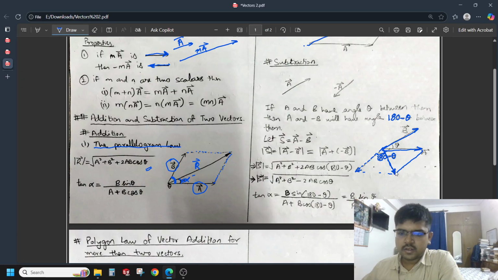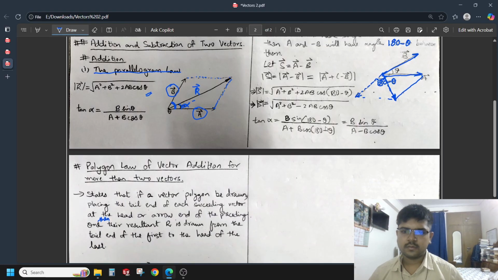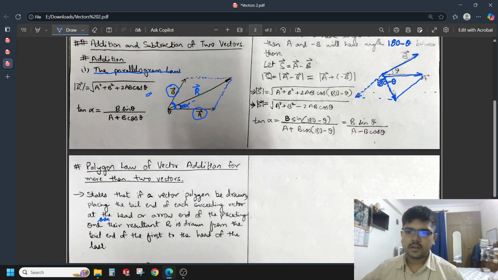So this is the resultant, and this angle is alpha.